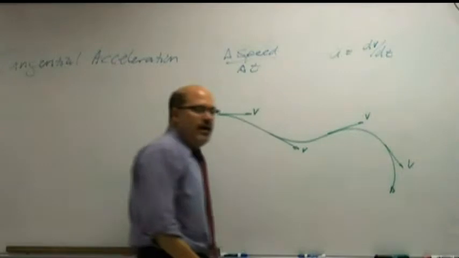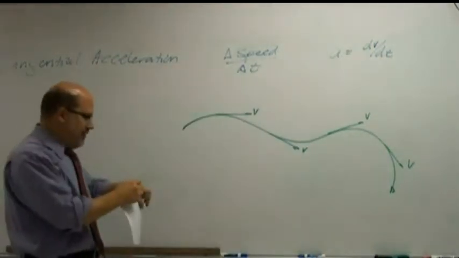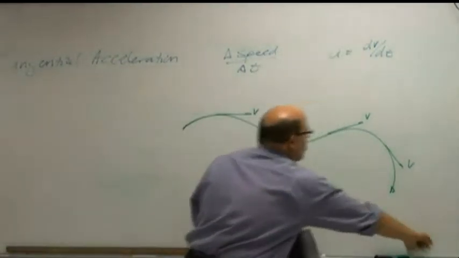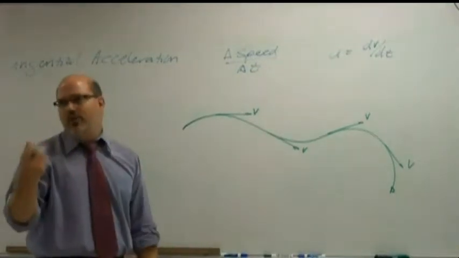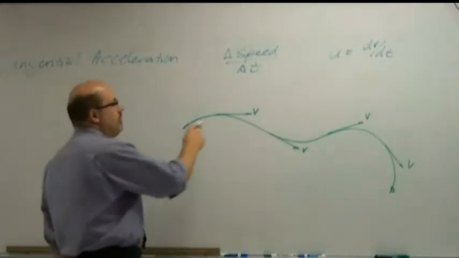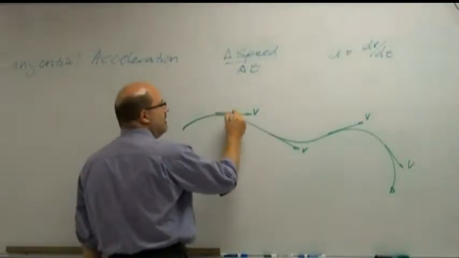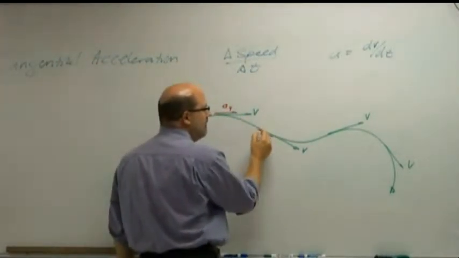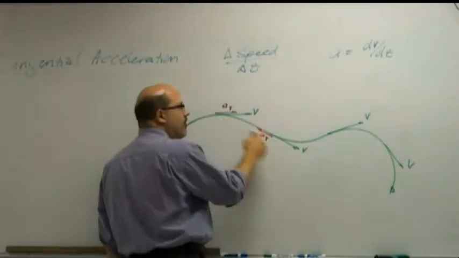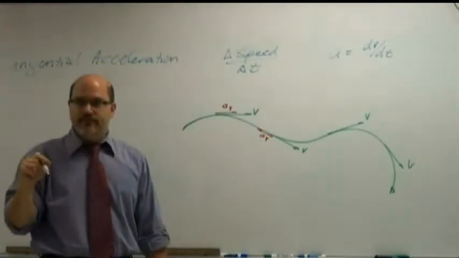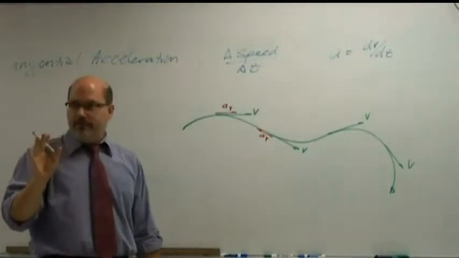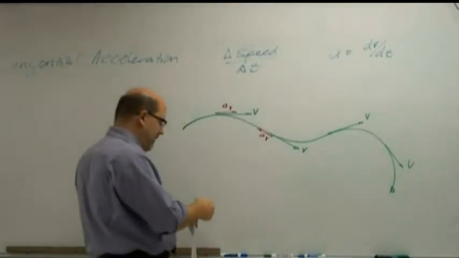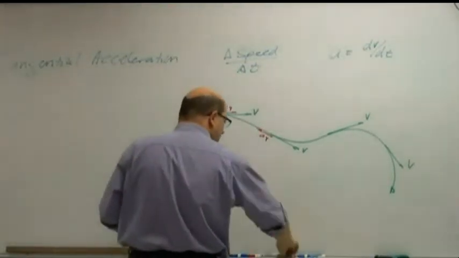And this type of acceleration will be either parallel or anti-parallel with the velocity, depending on whether you're speeding up or slowing down. Does that make sense? That's what we think of as acceleration for the most part.